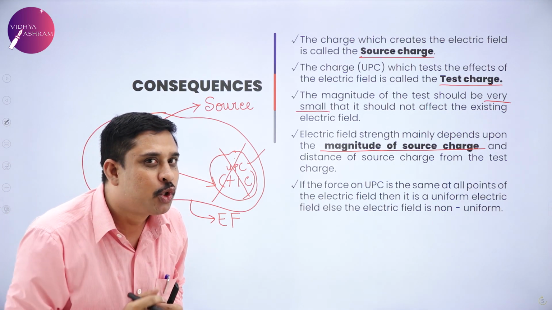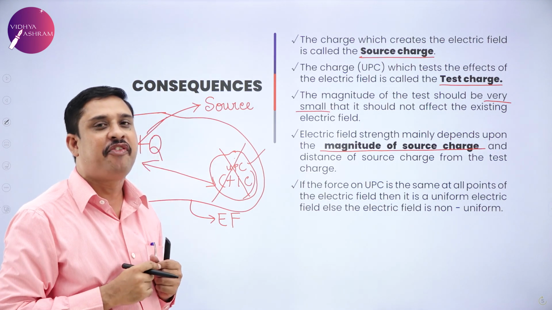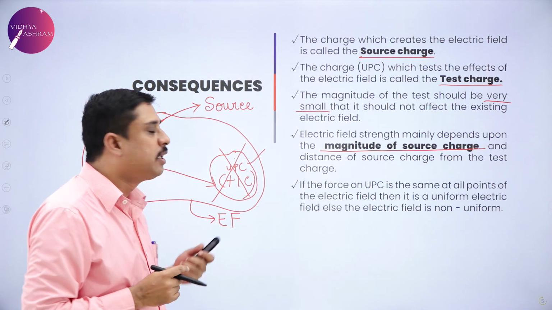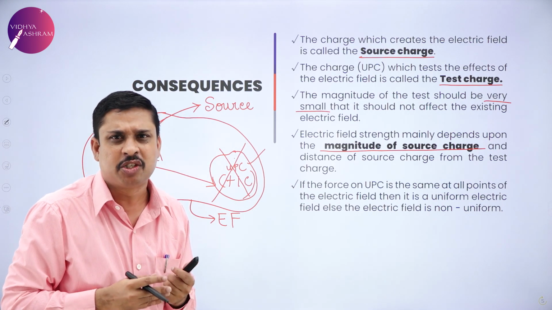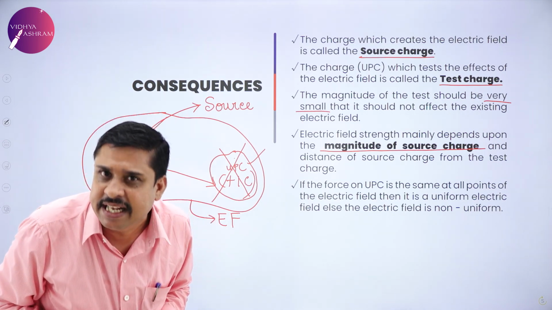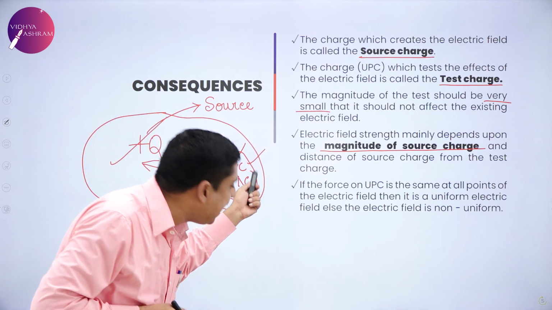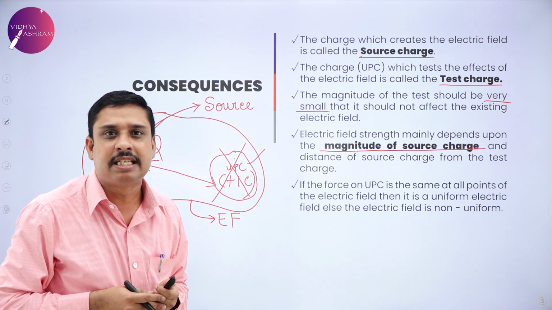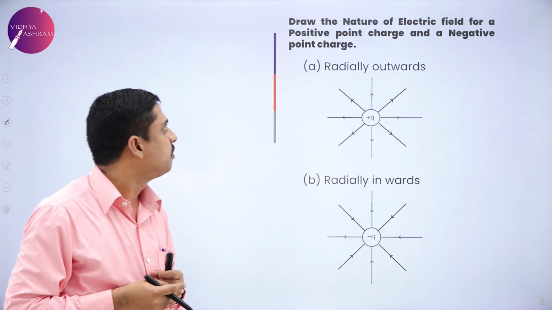So what are the two factors which will contribute to the strength of the field? It is the magnitude of the point charge, the source charge creating the field, and the distance between the point charge and what we call the test charge.